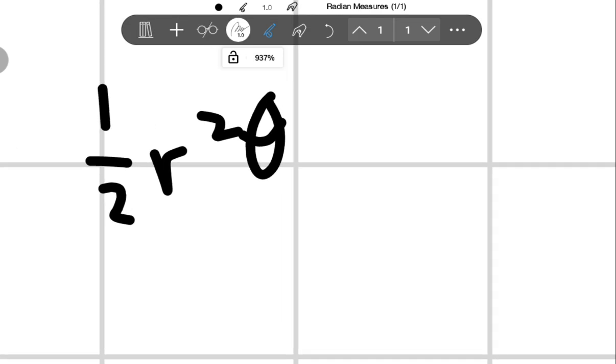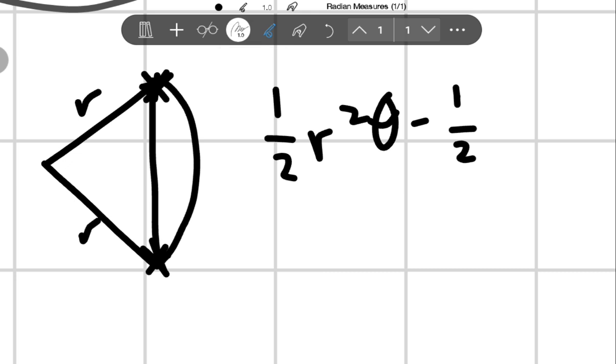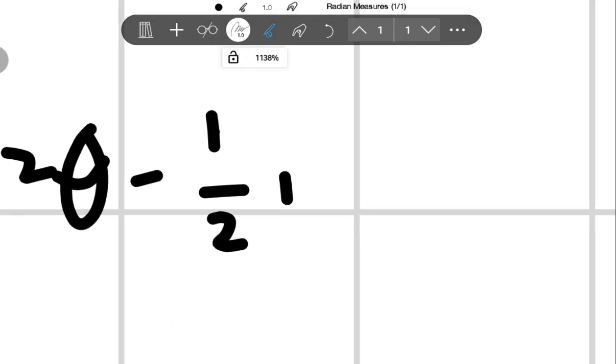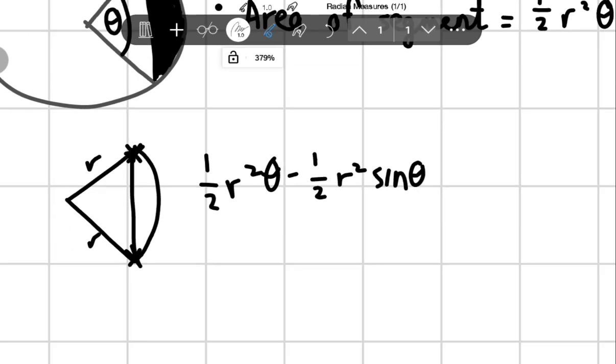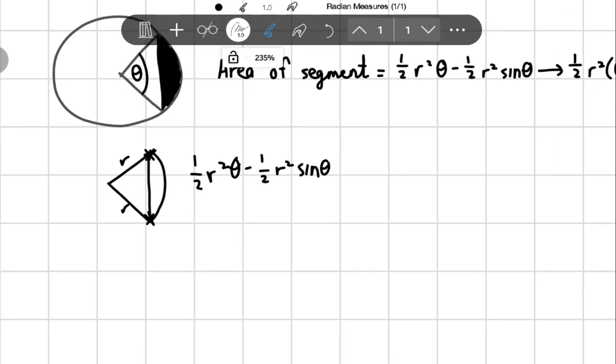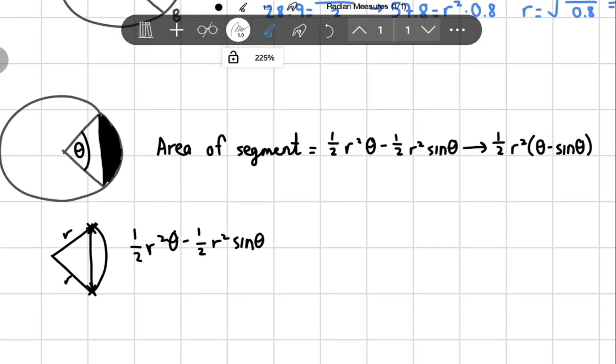So the formula for the area of a triangle is half, and since we're dealing with a circle, this is R and R, so it's going to be R squared and then sine theta. We could take half R squared as the common factor, and this is the final form of the area of a segment: half R squared times theta minus sine theta.